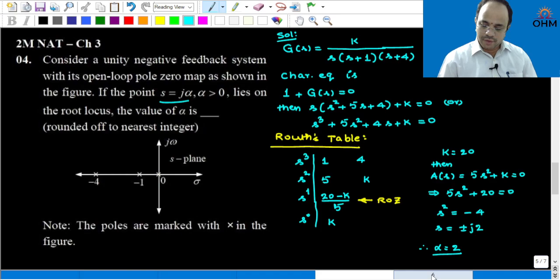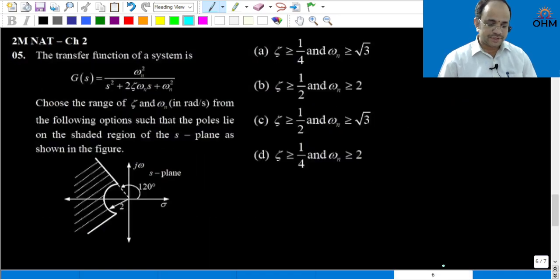Now let us look into the next question. It's a very easy question, even though I don't know why it is given for 2 marks. The transfer function of a system is G of s is equal to omega n square divided by s square plus 2 zeta omega n s plus omega n square. Choose the range of zeta and omega n from the following options such that the poles lie in the shaded region of the s plane as shown in the figure.